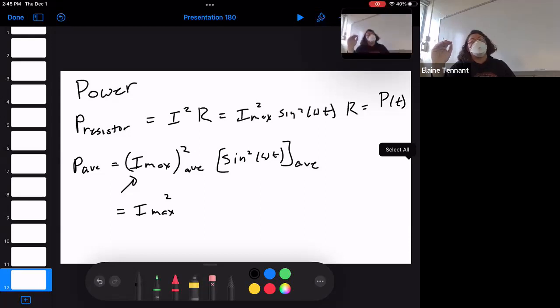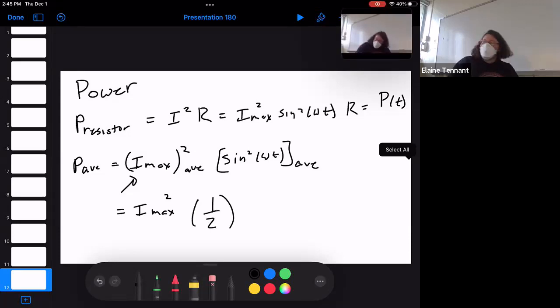It can't be negative because it's squared. 0. Okay, so sine squared runs from 0 to 1 symmetrically, and so the average of sine squared is right in the middle at 1/2. Vaguely familiar? You guys did not watch the recording from Tuesday.